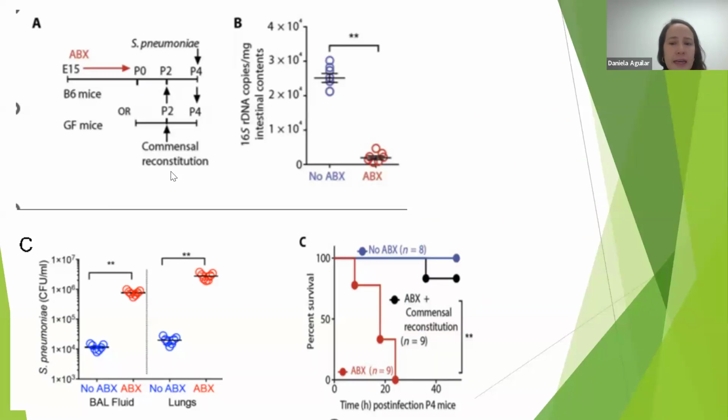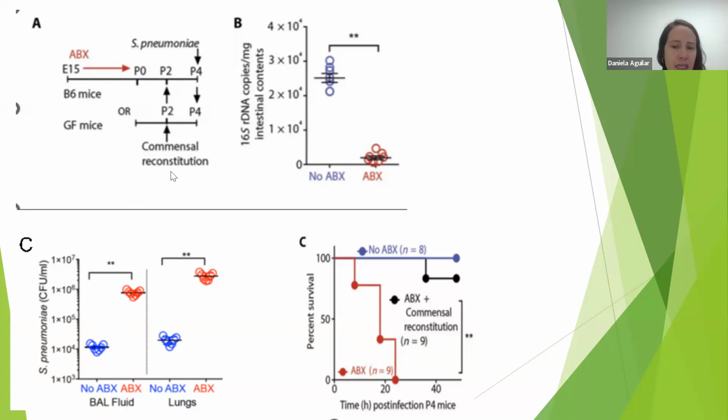In Figure 8, they exposed pregnant mouse dams to a combination of ampicillin, gentamicin, and vancomycin, beginning 5 days before delivery. Then antibiotics were discontinued immediately after birth, and newborn mice were injected with Streptococcus pneumoniae on day of life 4. In figure B, you can appreciate that this early life antibiotic exposure reduced the total number of commensal bacteria.